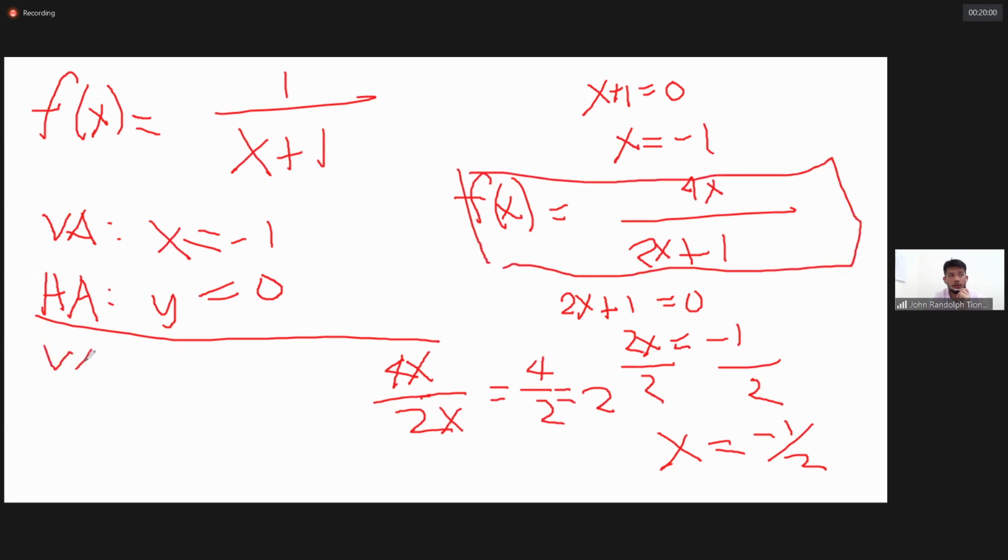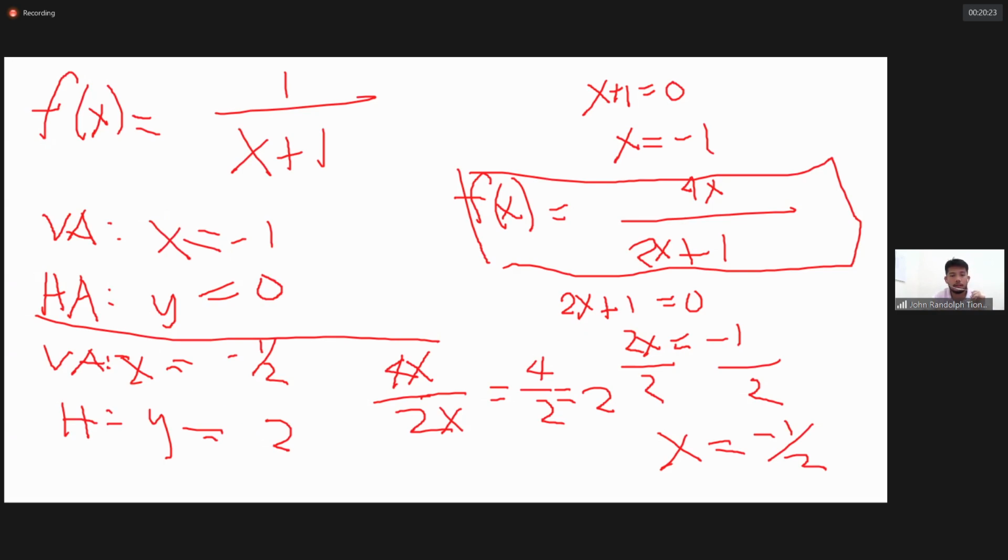Vertical asymptote natin, nakuha natin kanina na x equals negative 1/2. And your horizontal asymptote, which is y equals 4 over 2, is just simply 2. Y equals 2. Okay, so that's how you are going to get your vertical and horizontal asymptote.